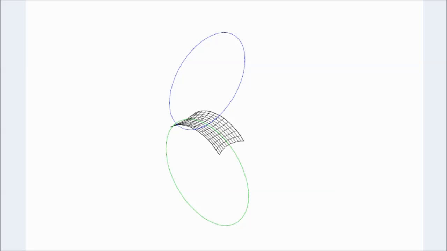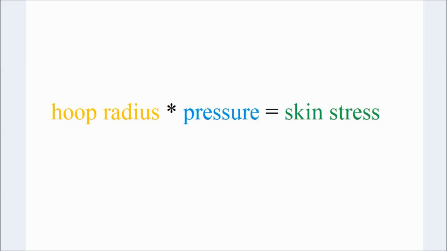An estimate of the pre-stress required to cope with the applied pressure of an external load can be obtained from the cylinder stress equation. The equation goes like this: hoop radius times pressure equals skin stress. The hoop radii of the meshes will be reported by MPanel and can be found using the info tool on the mesh in question.